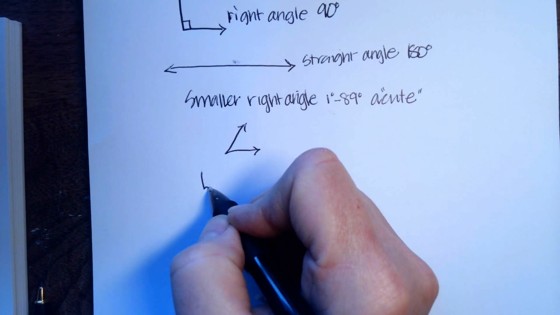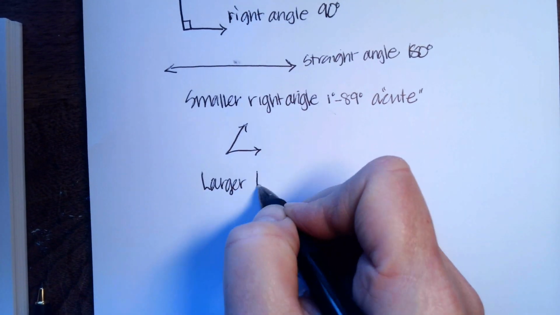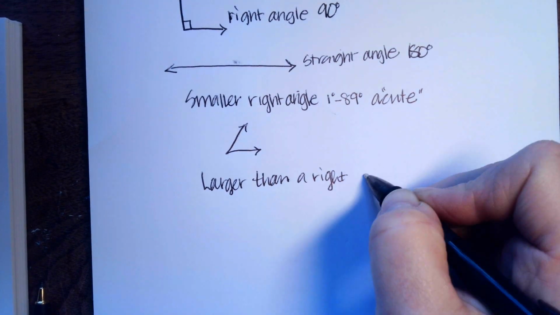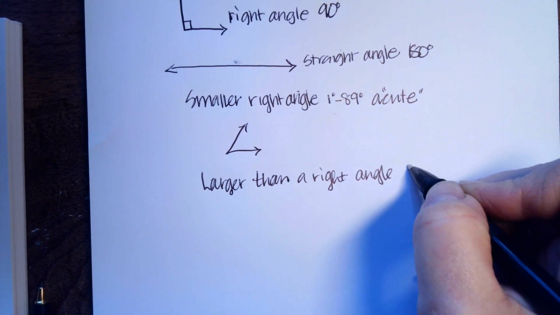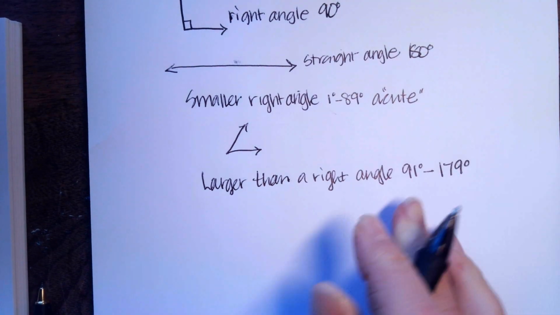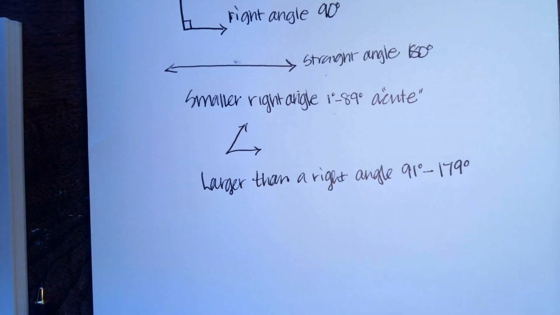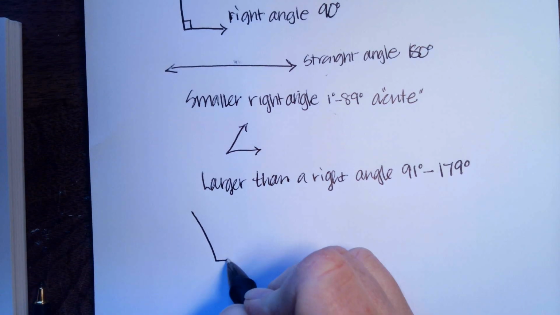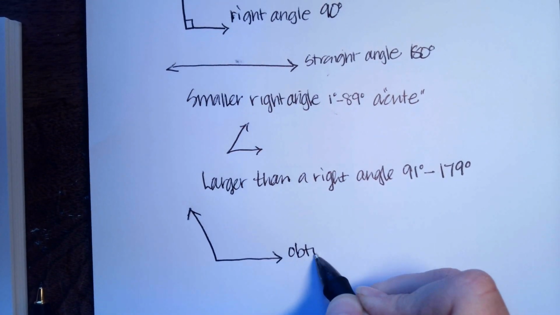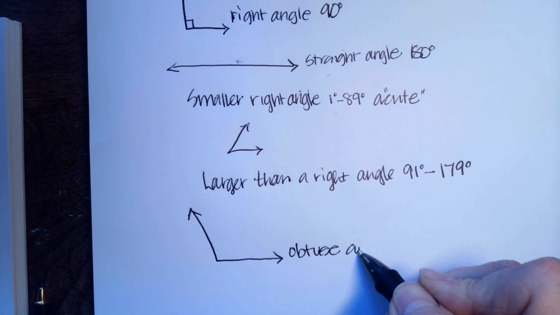Anything that is larger than a right angle, so 91 degrees all the way up to 179 degrees, because we know 180 is our straight angle, that is called an obtuse angle.